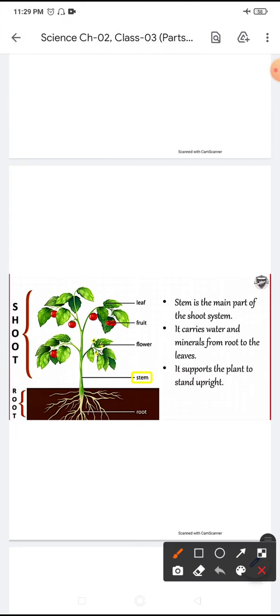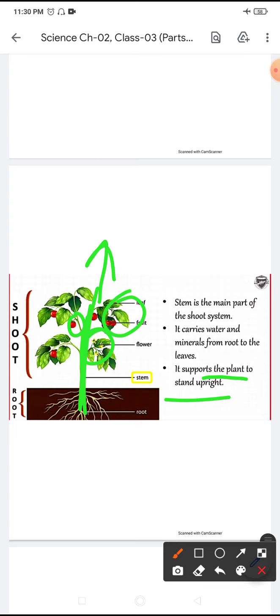Why? Because it is standing in an upright direction. With the help of this stem, the plant is supported to stand upright. So that's why the stem is a very important part of the plant. The stem forms the basis of the shoot system and bears leaves, fruit, and flower.